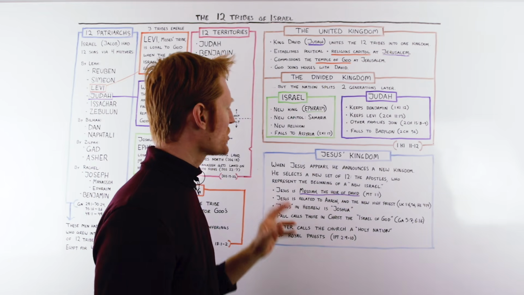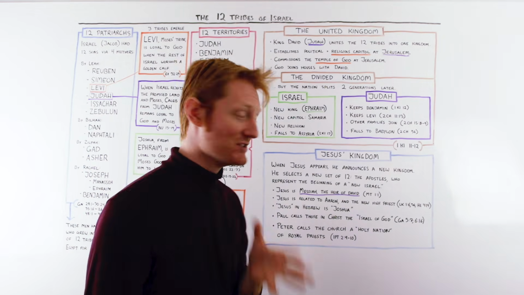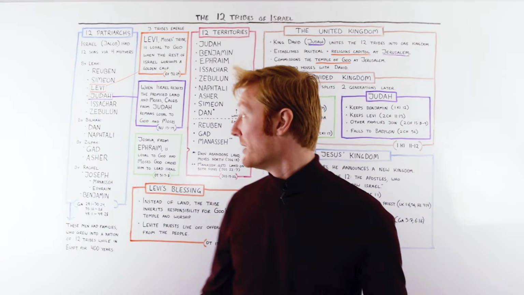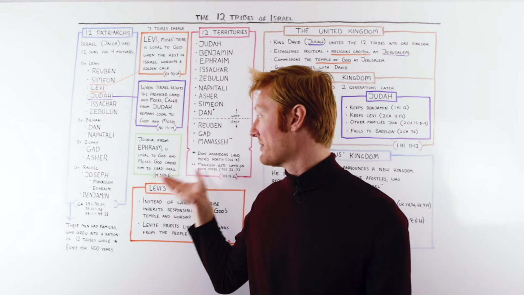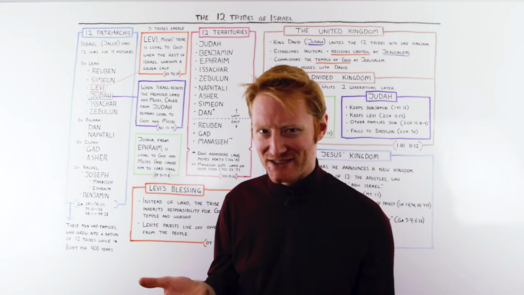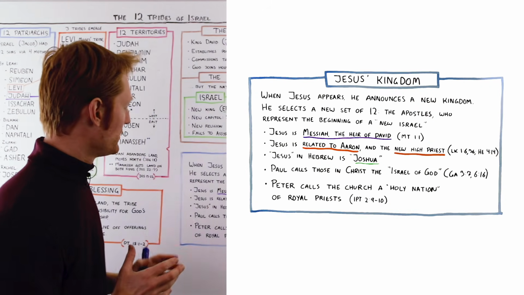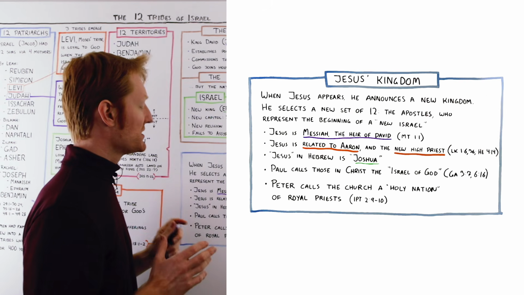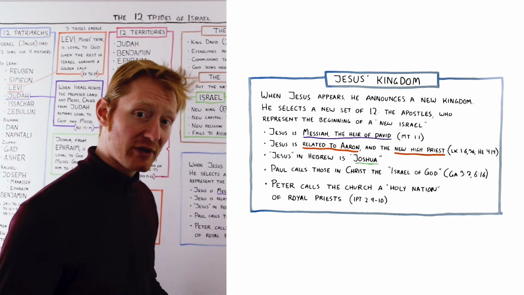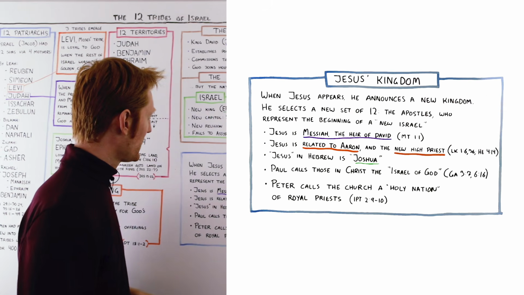Not so strong of a connection as the other two, but Jesus in Hebrew actually is Joshua, who was the most significant member of the tribe of Ephraim in the Bible. So that's a pretty cool piece of trivia to bring into this. And then later on, Jesus' followers are talking about the church, the people that are following Jesus, as this new Israel.